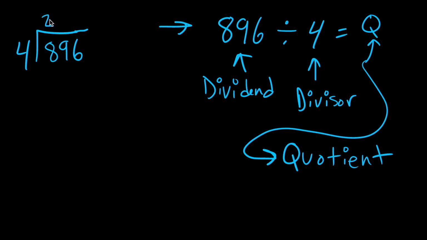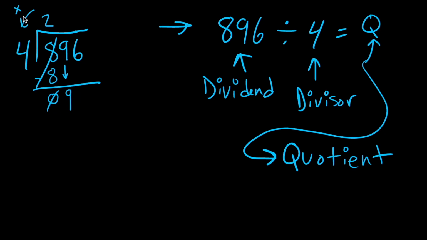And you write the 2 above. Then you multiply 2 times 4. That gives you 8. Then you simplify. 8 minus 8 is 0. You bring down the 9.